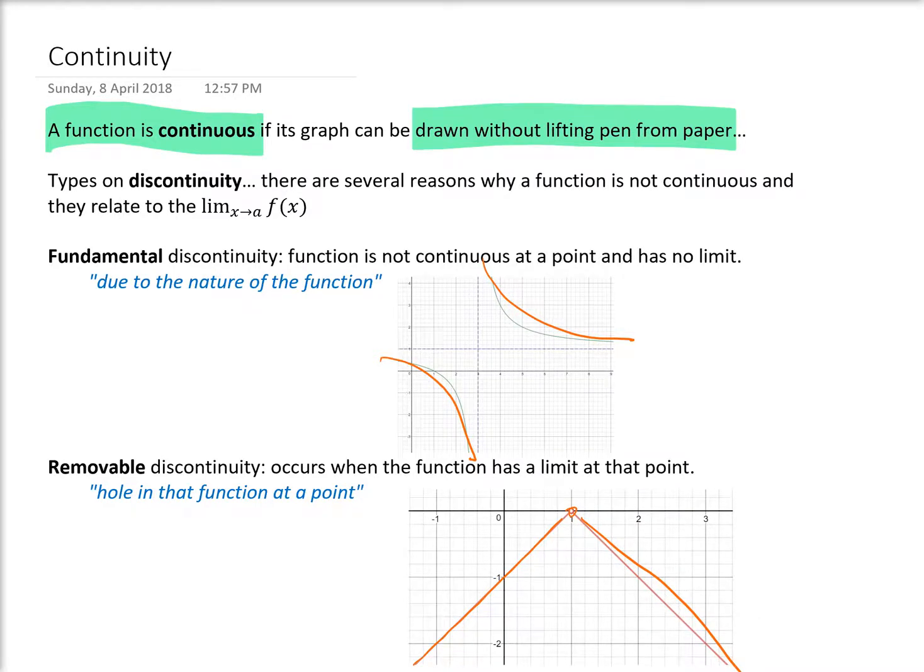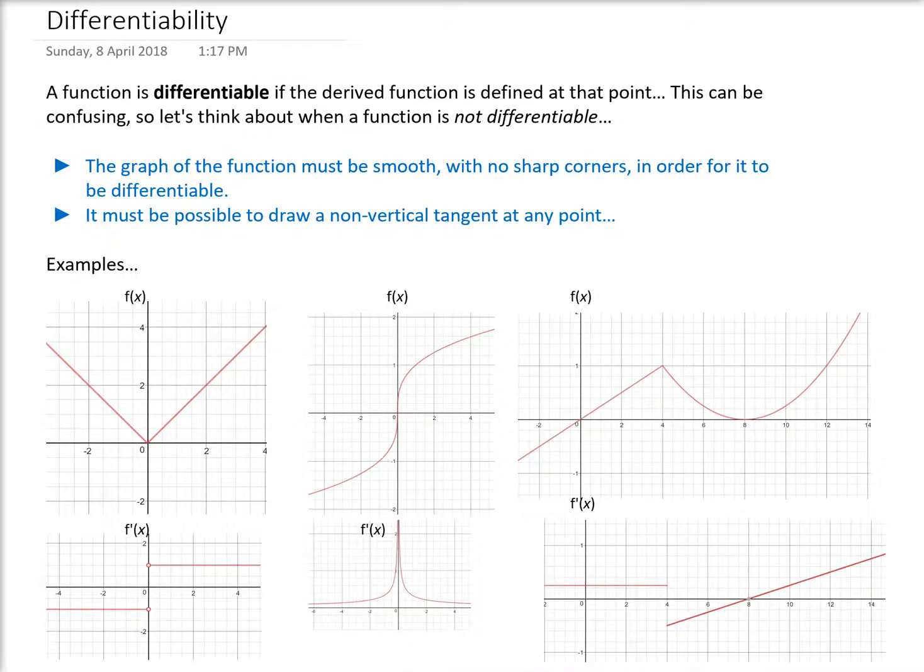The other part you need to be aware of is differentiability. A function is differentiable if the derived function is defined at a point. This may be as confusing as it sounds. In other words, for the graph to be differentiable, the graph must be smooth. There can't be any sharp corners.